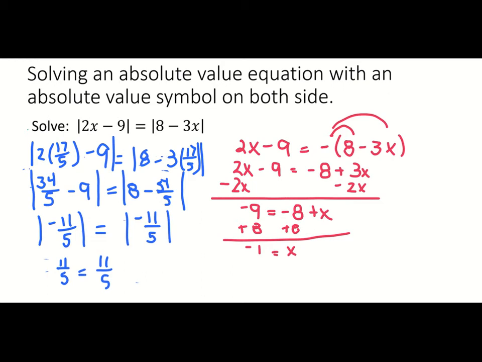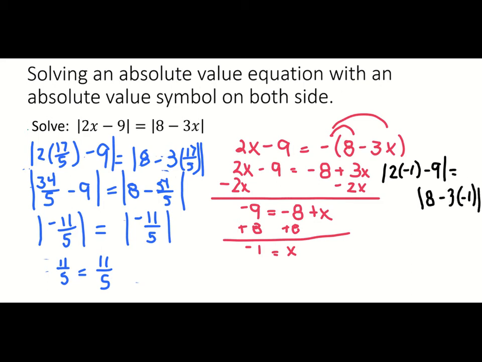Let's try the second one. I'll see if I can shove it in here. Let's see here. We have the absolute value of 2 times negative 1 minus 9, and that should be equal to the absolute value of 8 minus 3 times negative 1.